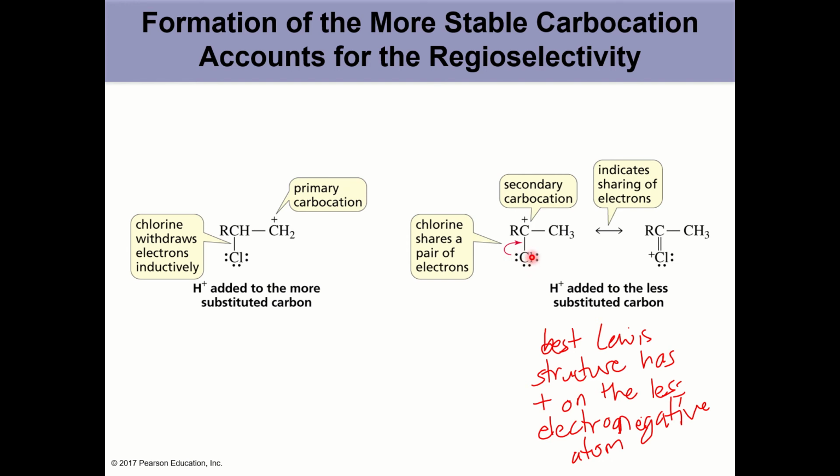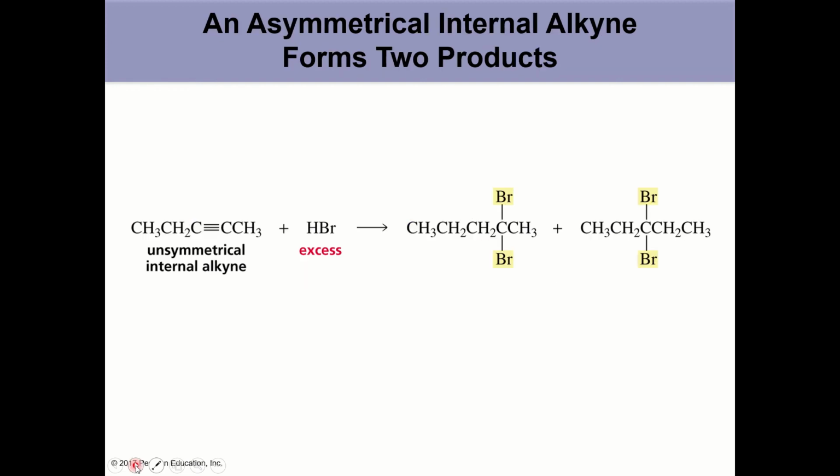They can be shared from sp3 atoms, but not to sp3 atoms. So an sp3 atom can donate electrons to an sp2 or an sp atom, but electrons cannot be donated to an sp3 atom because it already has an octet. It already has a maximum number of bonds.